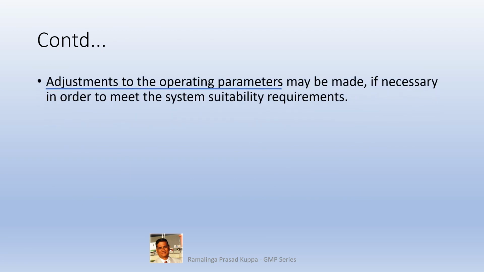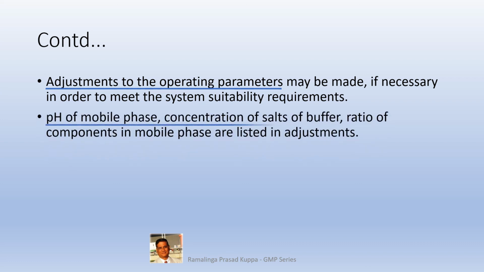Adjustments to the operating parameters may be made if necessary in order to meet the system suitability requirements. Adjustments should not be made to compensate column failure or system malfunctioning. There are limitations for adjustments also. USP 621 describes several such parameters that may be adjusted. pH of mobile phase, concentration of salts of buffer, ratio of components in mobile phase are listed in adjustments.